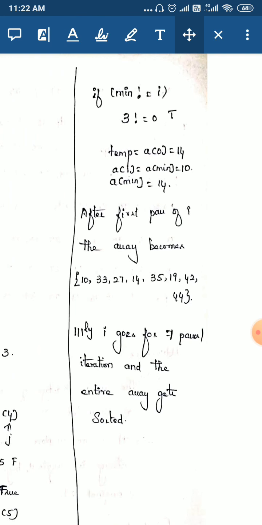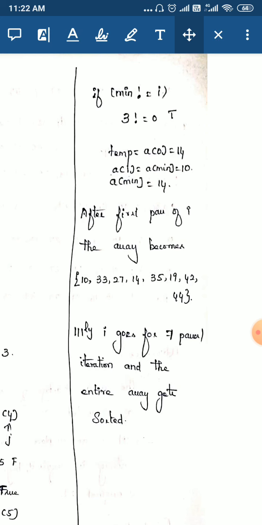So swapping takes place. 10 is moved into the first index position, and the position where 10 was in the array, that is a of 3, 14 will be moved there, and at a of 0 the 10 value is shifted, right? So after the first pass, the elements are 10, 33, 27, 14, 35, 19, 42 and 44.